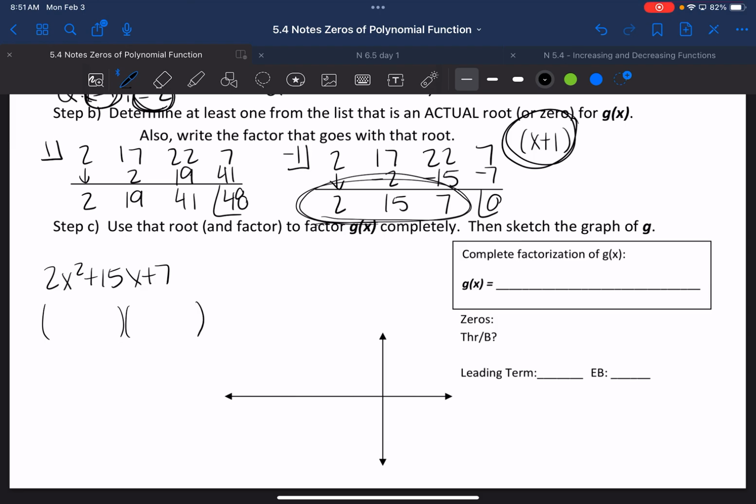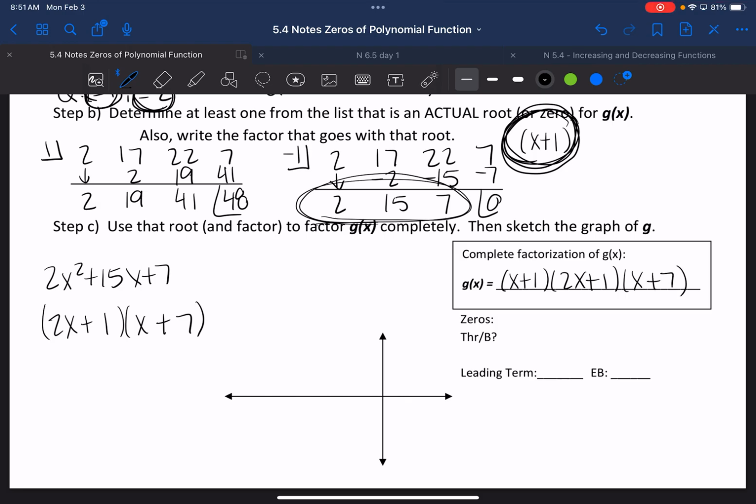What would that factor into? Nice. Okay, so the complete factorized form would include the 0 that we found up here, the x plus 1, as well as the factors that we just came up with, 2x plus 1 and x plus 7.